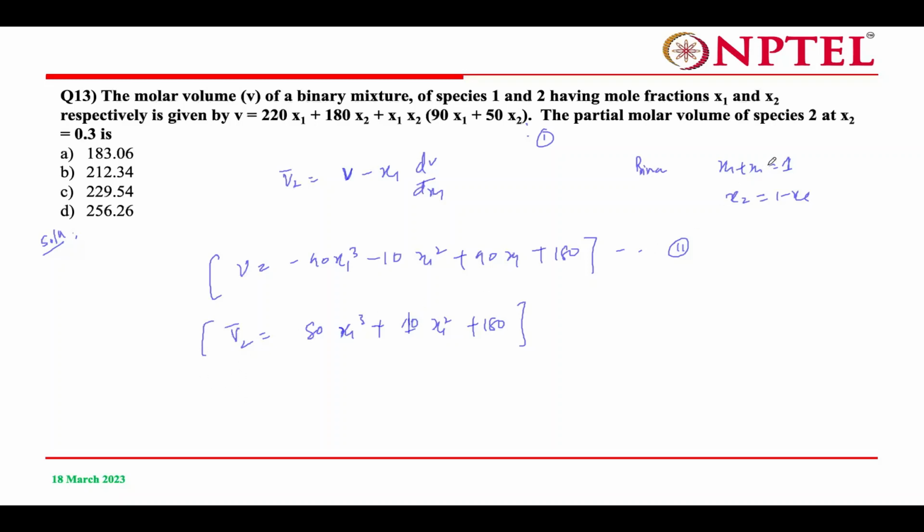Now here it is given X2 is equal to 0.3, so X1 is 0.7, and we will get V2 equal to 212.3.